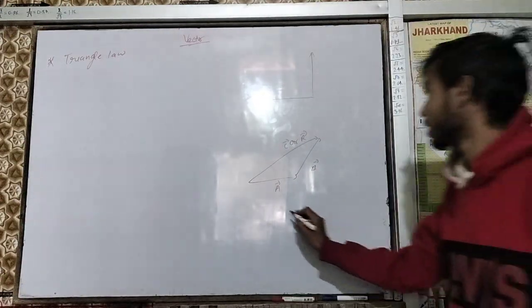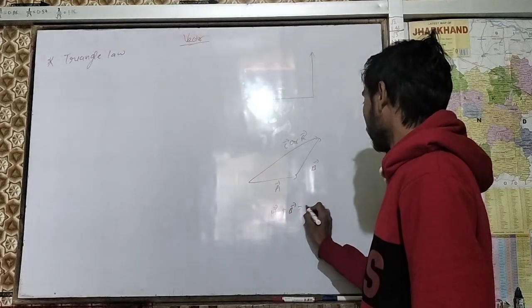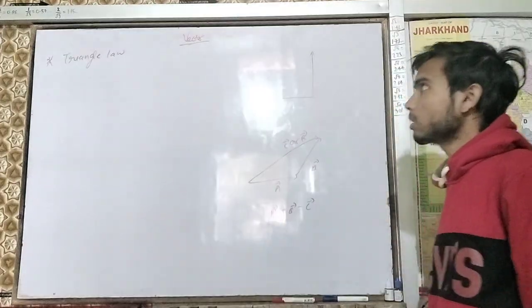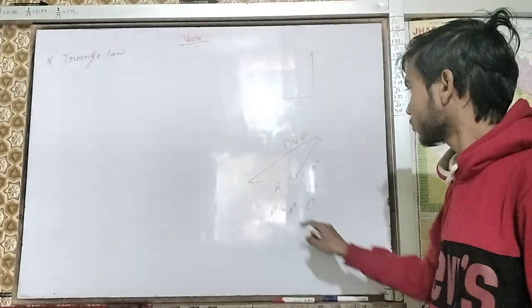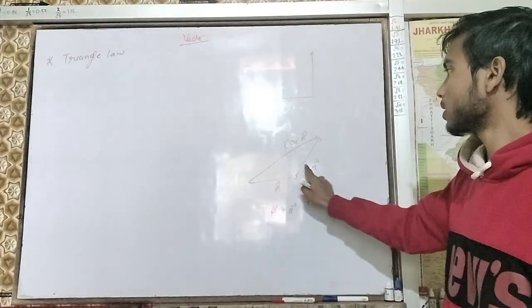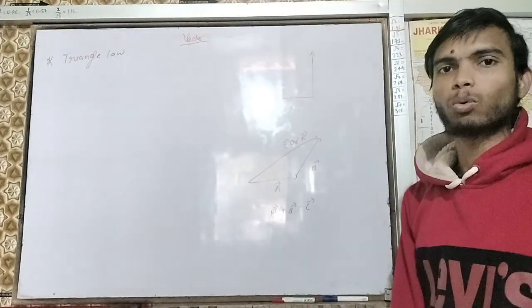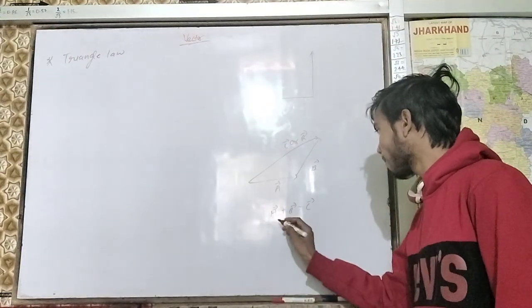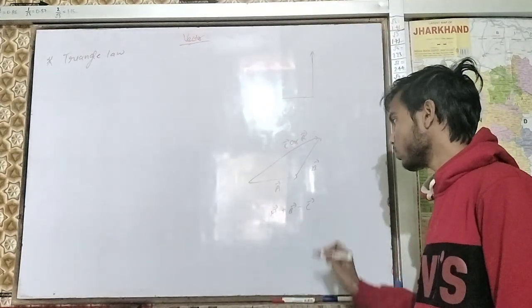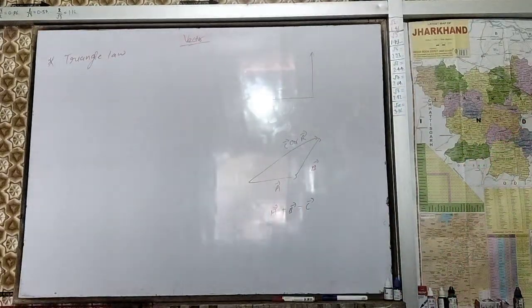It is written like this: vector A plus vector B is equal to vector C. We are adding, not subtracting. So this plus this, we get this hypotenuse, which is the resulting vector. Vector A plus vector B is equal to vector C. It came by using the triangle law.